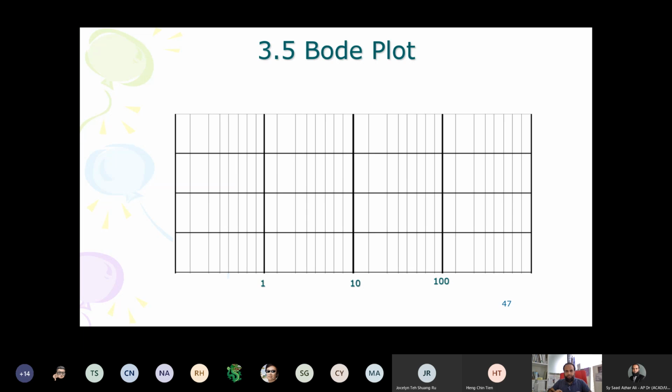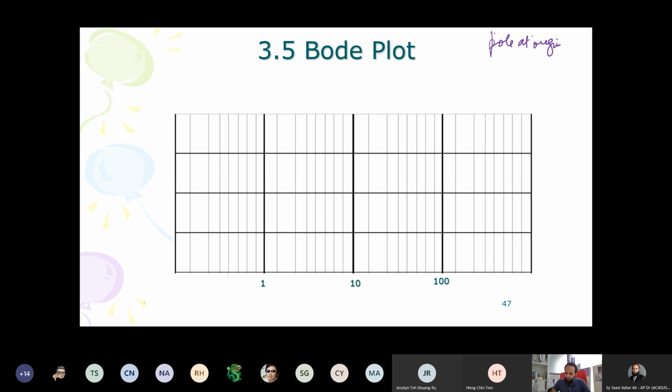So I am plotting the magnitude here. So what do we have? Let me just simply call it pole at origin.